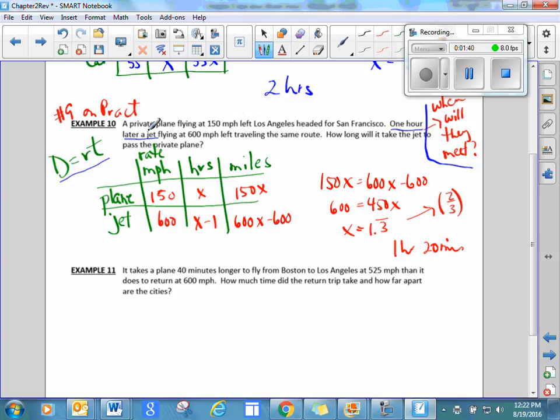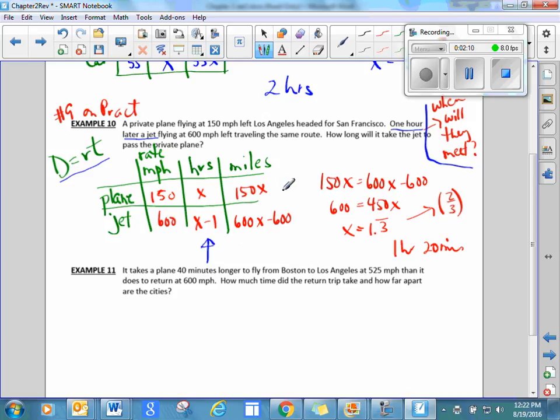So the jet is obviously going to catch up with the private plane, but his time when they meet will be 1 hour smaller than the plane's, because the private plane left an hour ahead of the jet. So you can do it adding one onto the plane or subtracting one from the jet. But this is the important part of this problem, recognizing that their times are not the same.